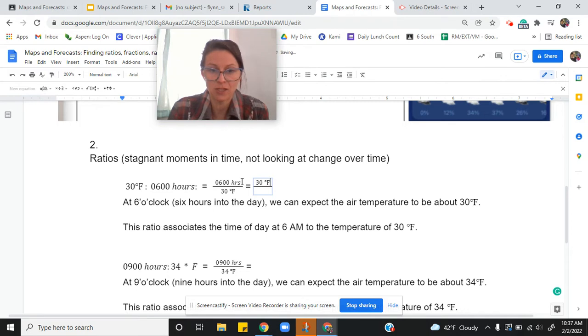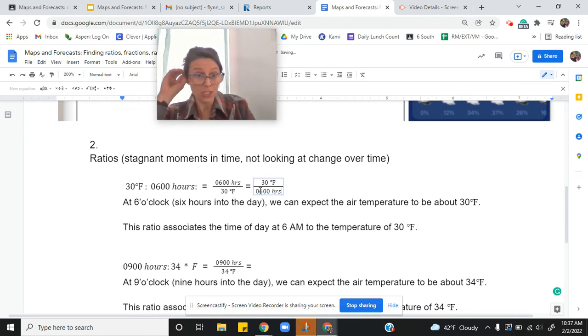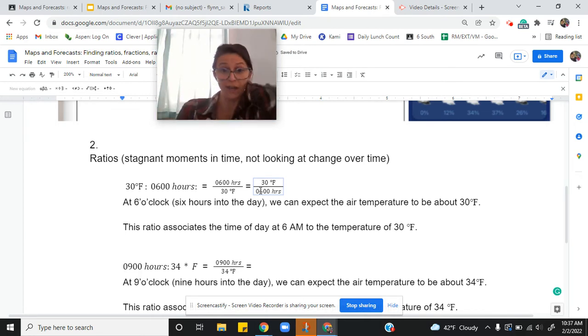Now, I didn't change this ratio at all. The order matters because the quantities are different. So you just need to be clear to your reader, to your future self. Sometimes we write notes to our future self, sometimes to a teacher, a friend, whatever. Your audience just needs to know what numbers are going with which quantities.